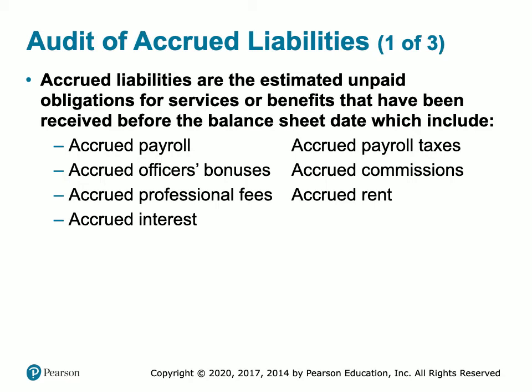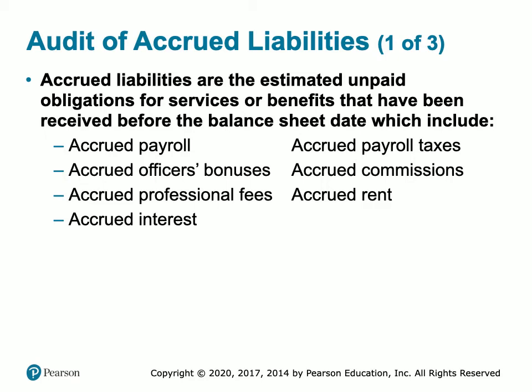Bonuses and commissions are the places where you're going to spend your time because bonuses are discretionary, and under tax law, they have to be paid within 75 days of year end. And also, this is an area that can be manipulated, right? You can over accrue bonuses in order to help next year, or you could under accrue them.